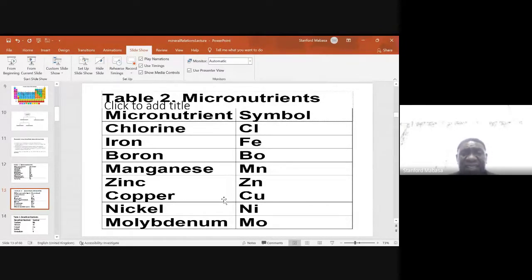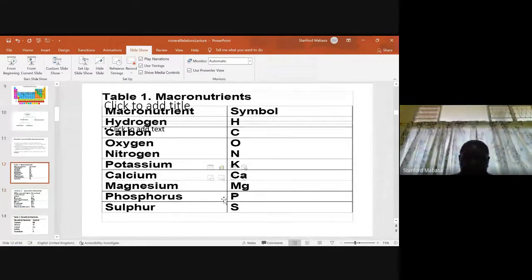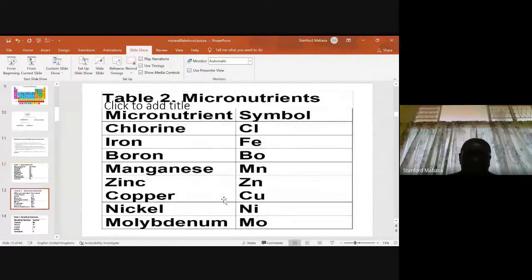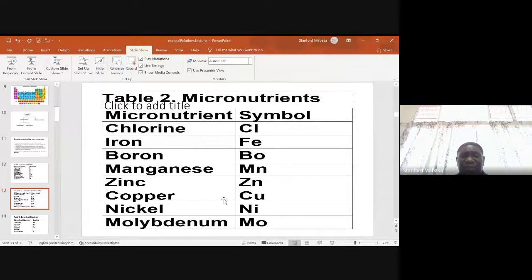So these are the essential micronutrients. So the macronutrients in table 1 and the micronutrients in table 2 are very important for the plant growth.